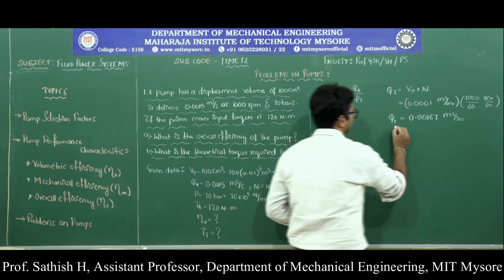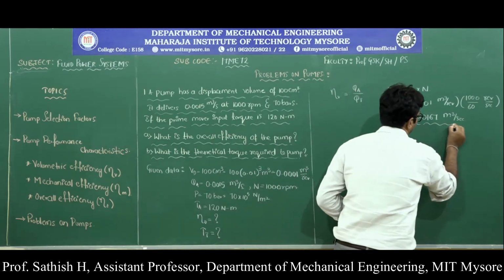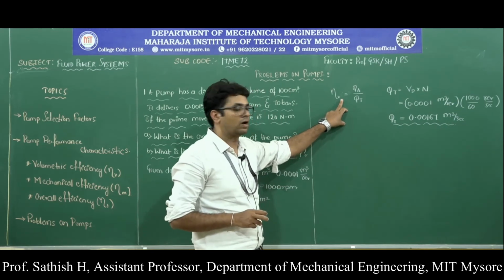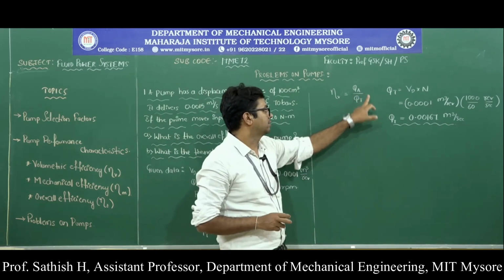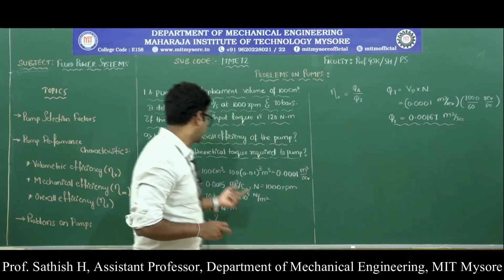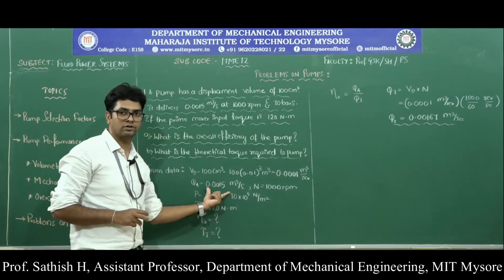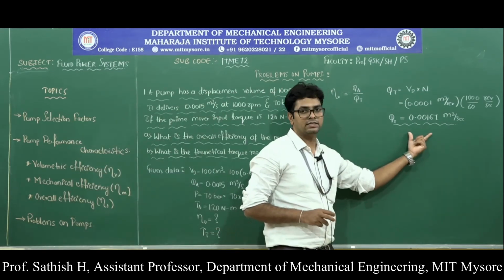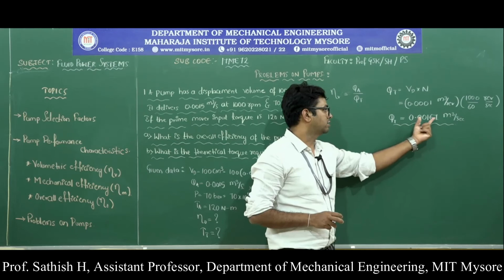This was the first unknown we had to find out. To find the volumetric efficiency, we substitute for QA and QT. QA, the actual flow rate, is given in the problem as 0.0015 meter cube per second, and QT, the theoretical flow rate, is 0.00167.